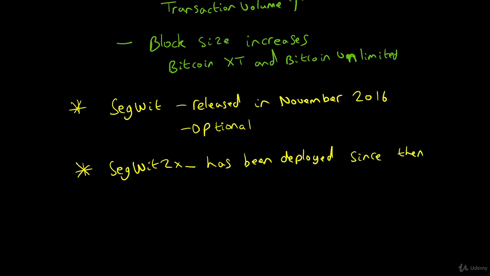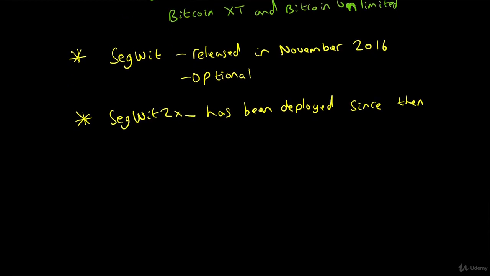Actually, I received an email, I think yesterday or the day before, from one of the exchanges that I have Bitcoin with, saying that the coins will be going over to the new Bitcoin 2x, I think they're calling it, which is Bitcoin with SegWit2x. So, is everyone in support of this? Well, no, not everyone is in support of SegWit2x.